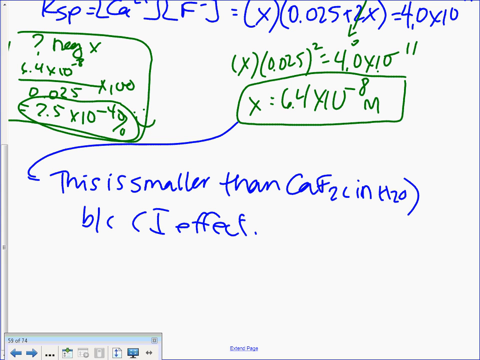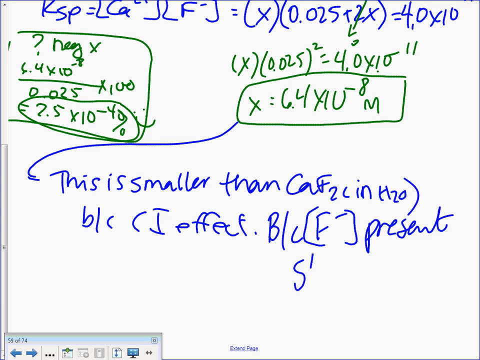So it's going to limit the amount of product made. Because of the concentration of fluorine present, it shifts somewhat to the left. So that's why it's limiting the amount of ions that can be made, because there's already ions present. That's just called the common ion effect.